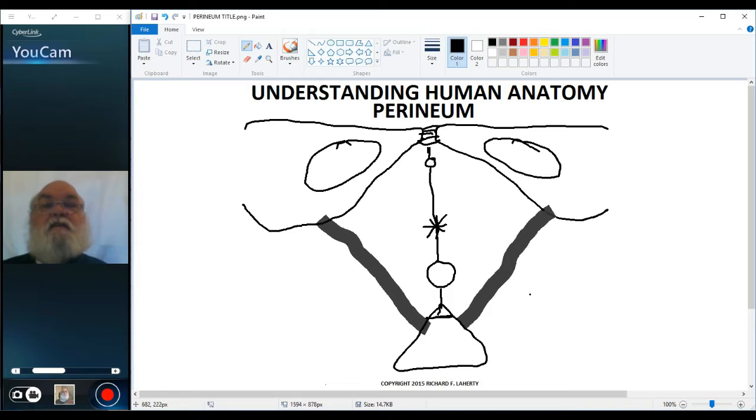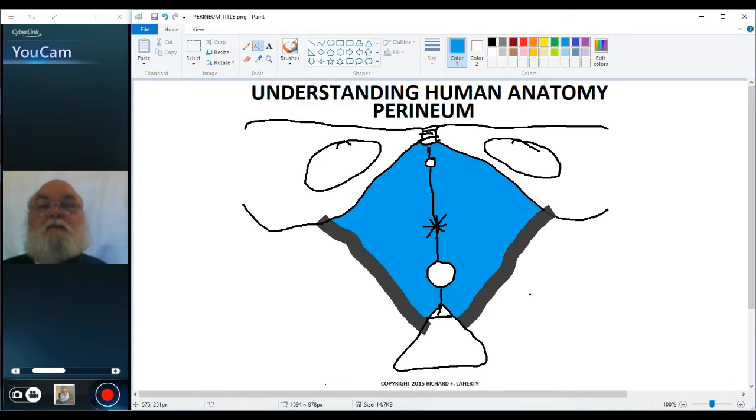And what I'm going to do is just use some shading to represent the pelvic diaphragm.